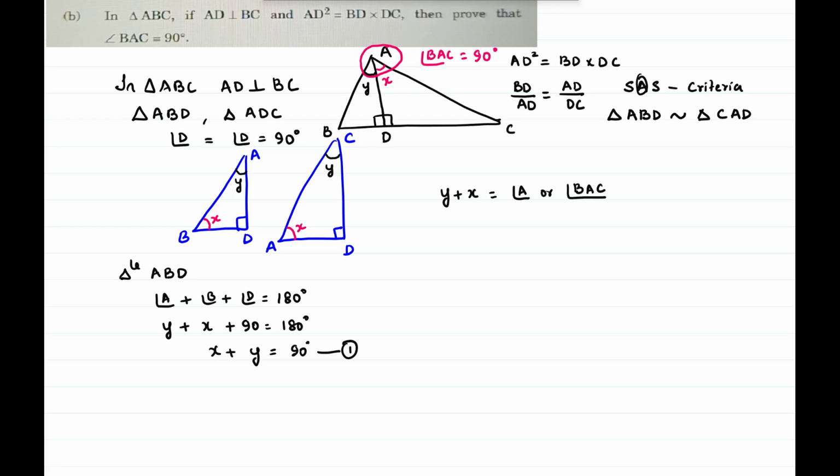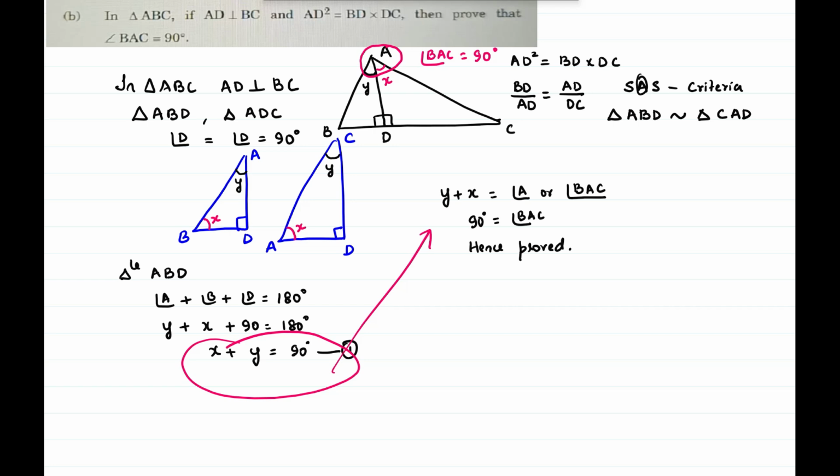And we already proved that Y plus X is 90 degrees. Therefore, we can write 90 degrees is equal to angle BAC, and hence proved.